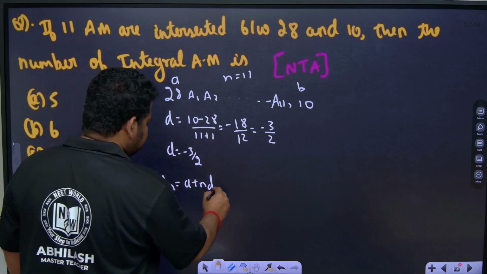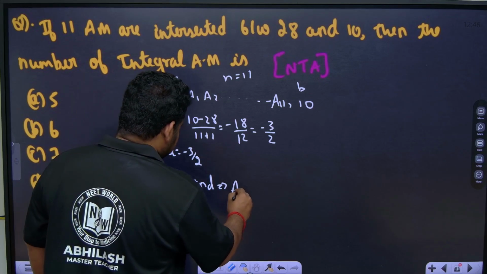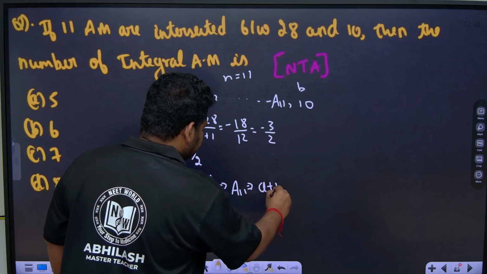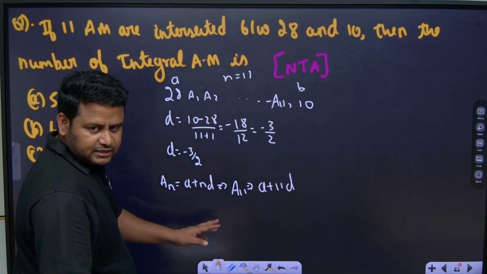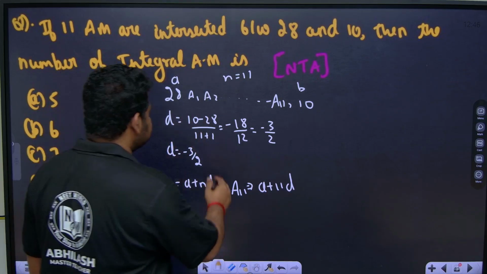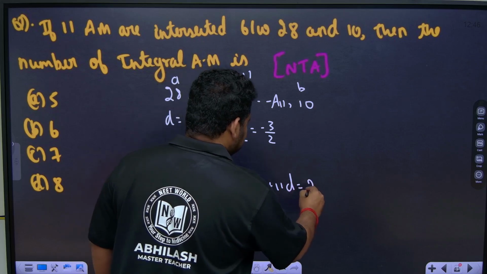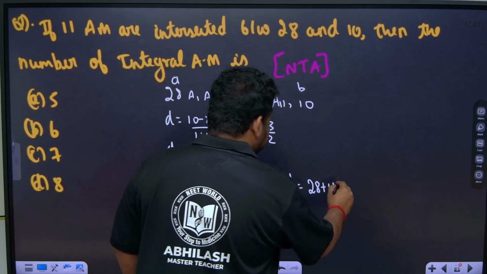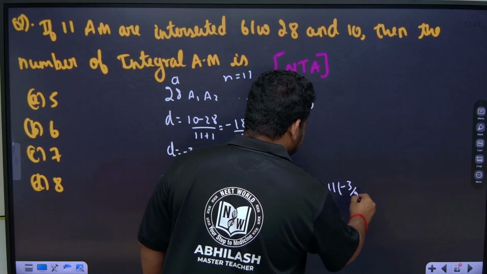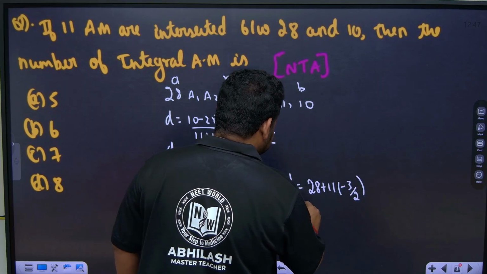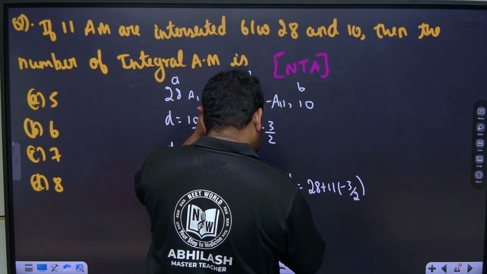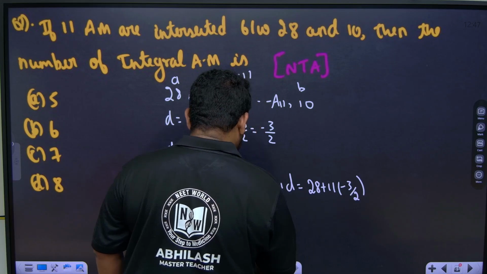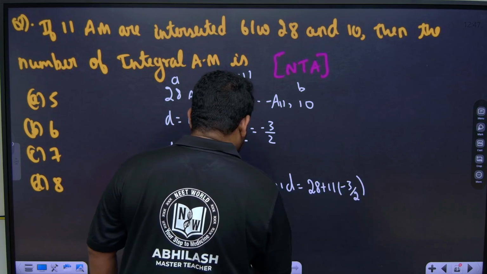Similarly, if I write a11, I should write it as a plus 11d, where a is 28 and d is minus 3 by 2. You will get some value, but that is not what we want. They are asking the number of integral AMs.